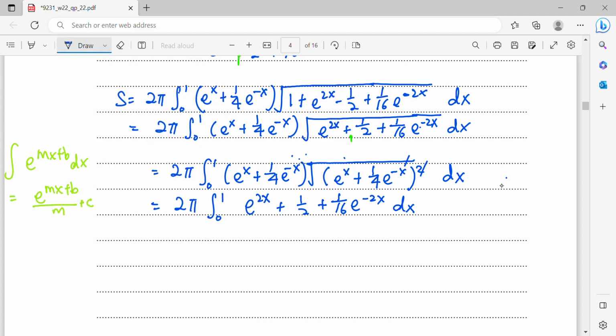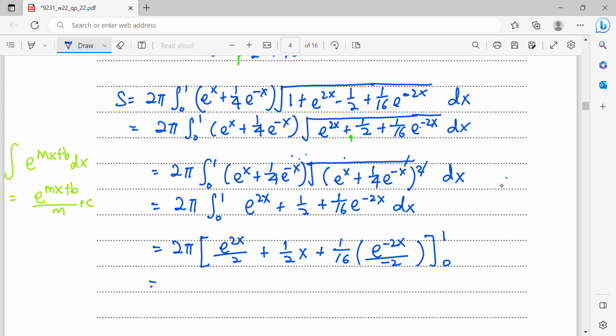Now, I will get 2 pi, integrate e^(2x), it will be e^(2x) over 2, plus half becomes plus half x. Then the next term, it will be 1/16, then e^(-2x) over negative 2. So, limits from 0 to 1.